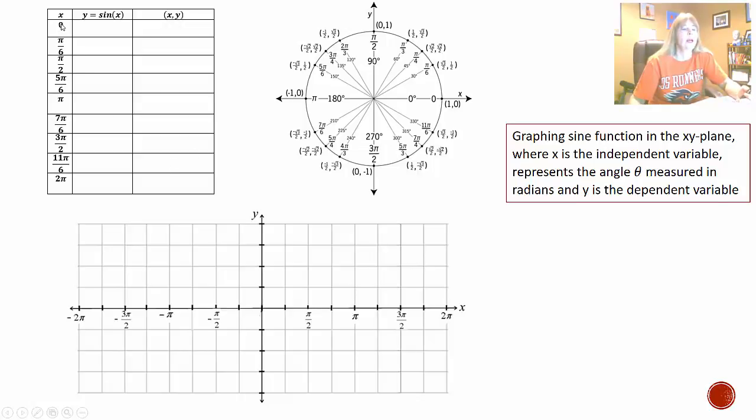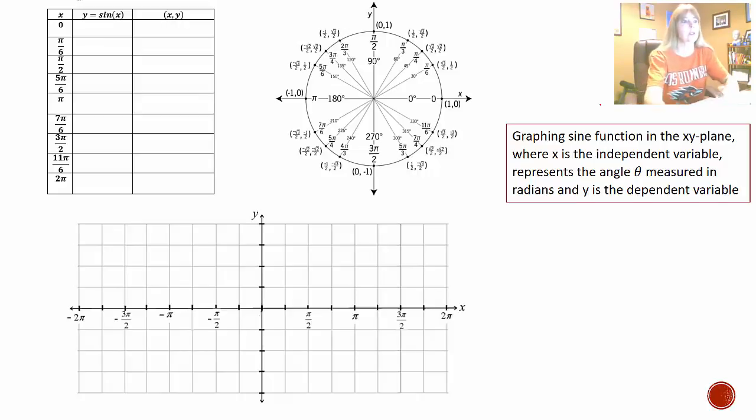So what I've done is I've picked some values of x, and of course values that are on my unit circle. You can see pi over 6, pi over 2, 5 pi over 6. And then I plug them into my function.